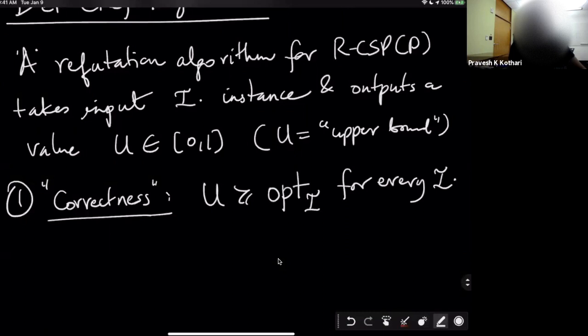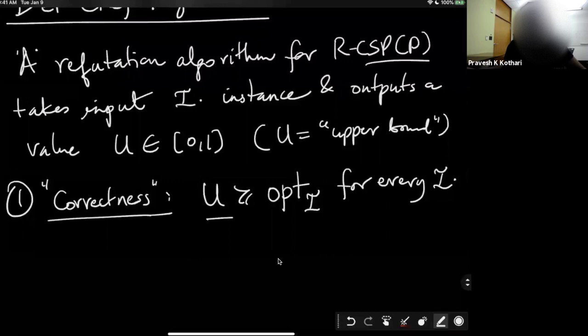And actually, this property should hold for every instance, not just a random instance. For every instance I of this random CSP P, U should be bigger than the largest fraction of constraints that any assignment can satisfy.